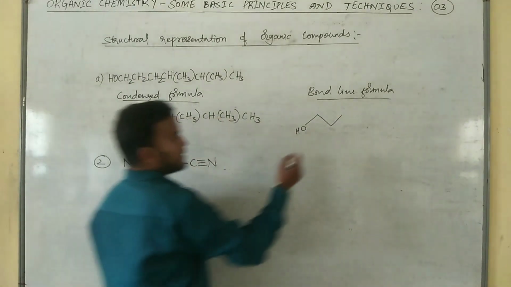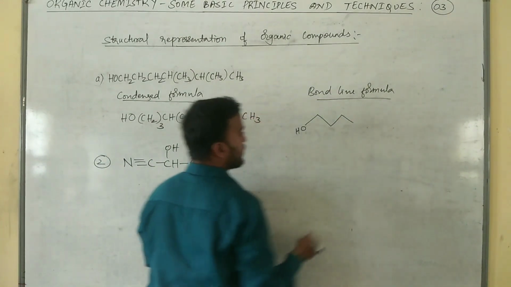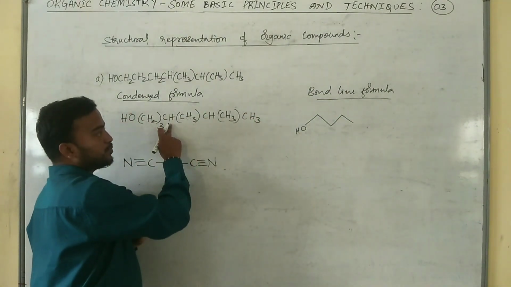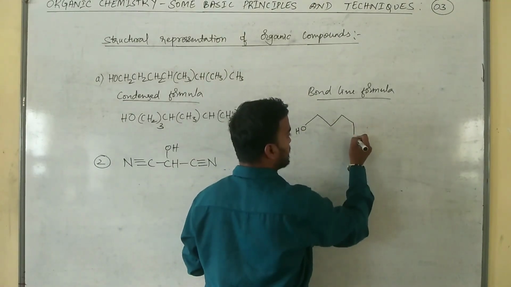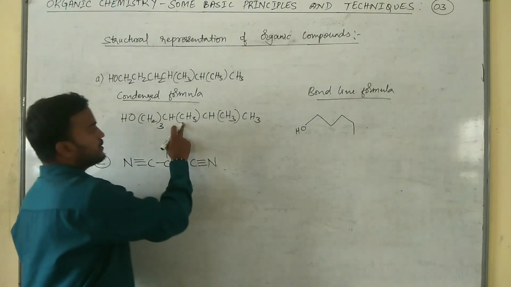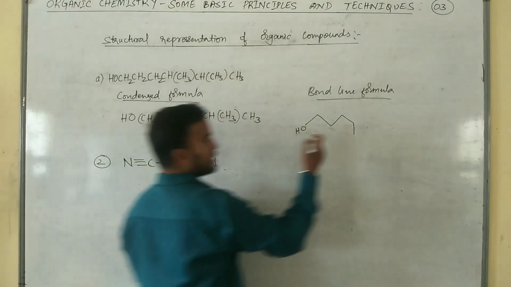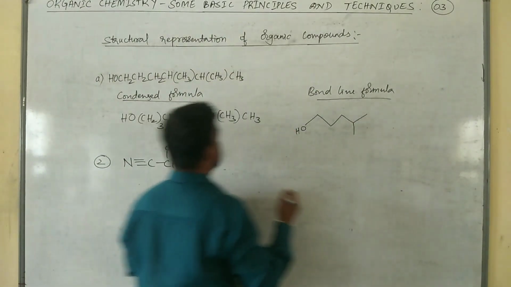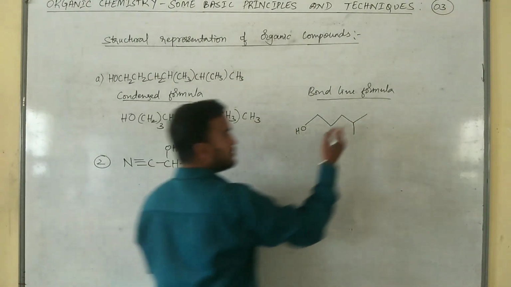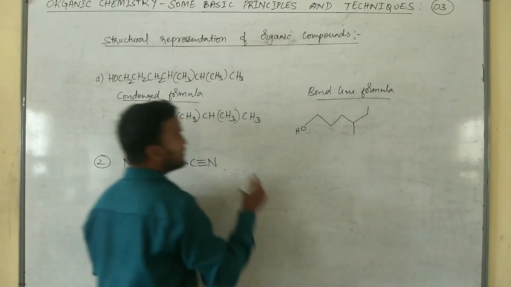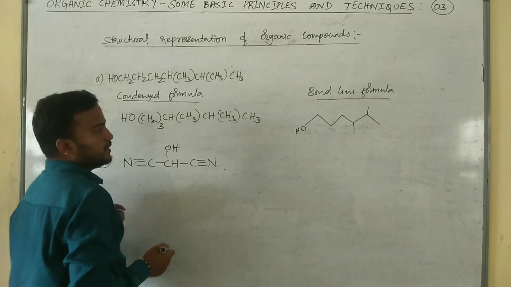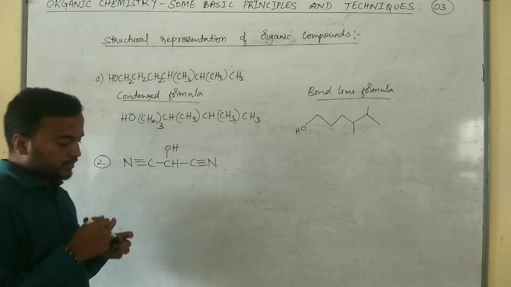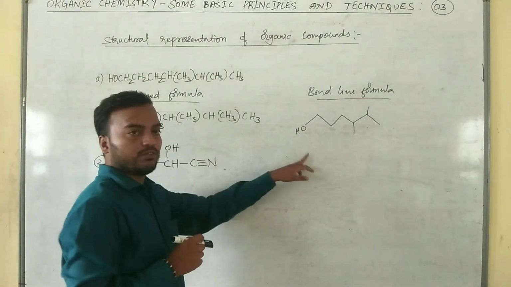Then the CH group is bonded by CH3. Then one more CH, which is also bonded to CH3, and finally one more CH3. So this is the bond line formula.